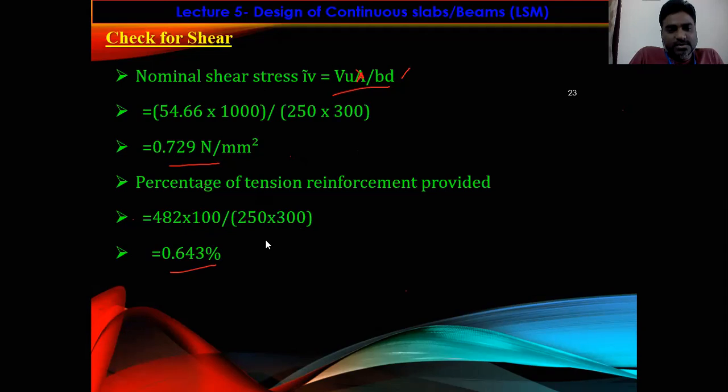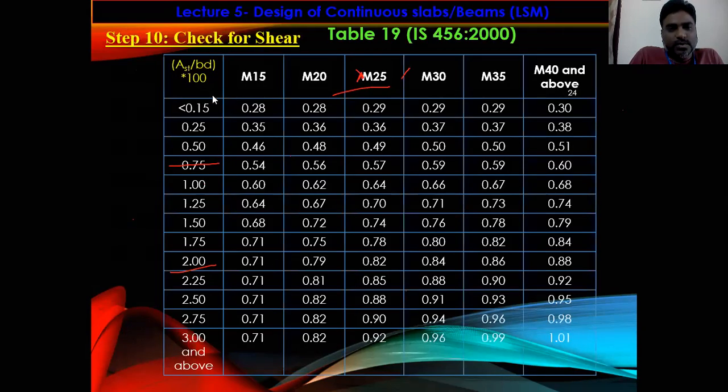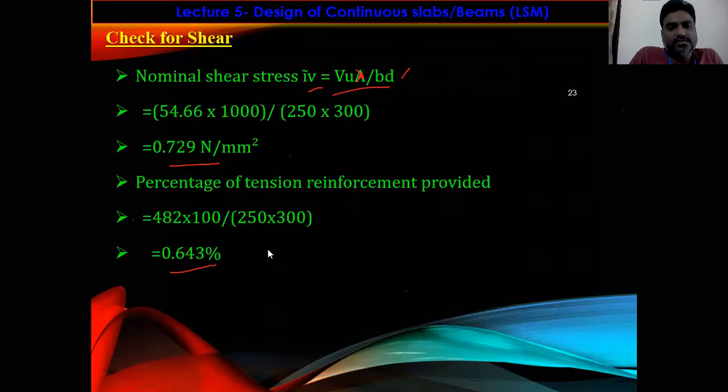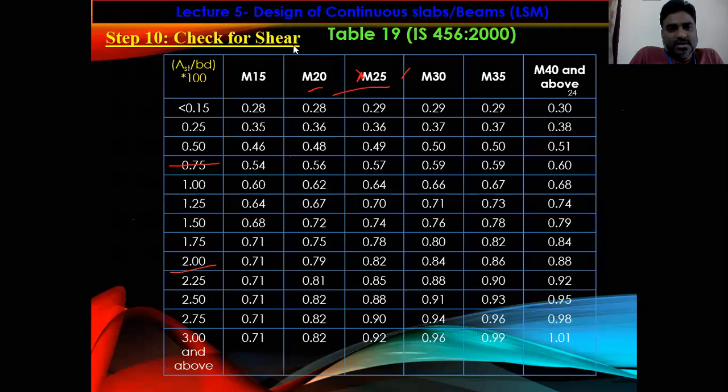And corresponding to this value, you need to go to the table, and corresponding to the grade of concrete and percentage of steel, calculate the tau c value. So my percentage of steel is 0.643. That means it will lie between these two, 0.5 and 0.75, and the tau c is in between these values, 0.48 and 0.56 for M20 concrete.